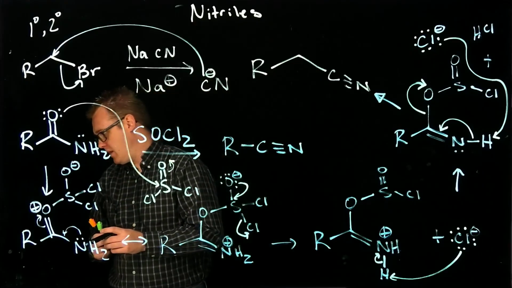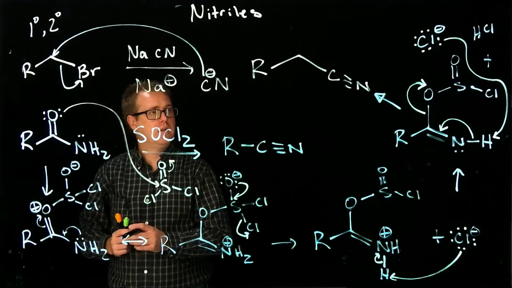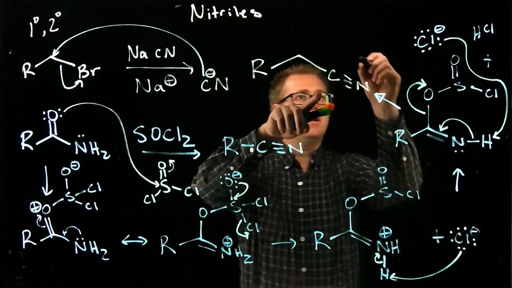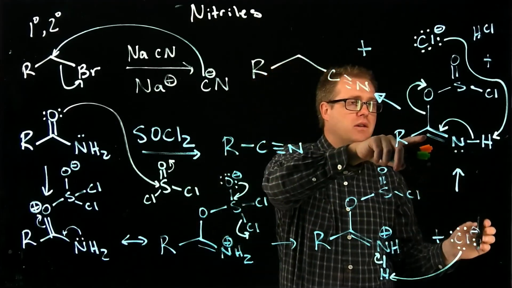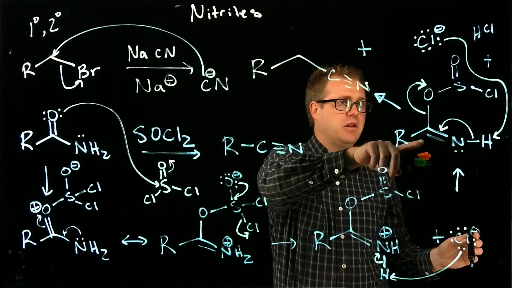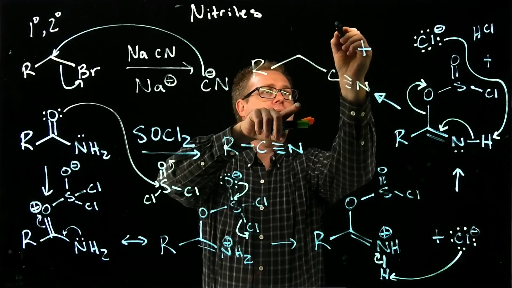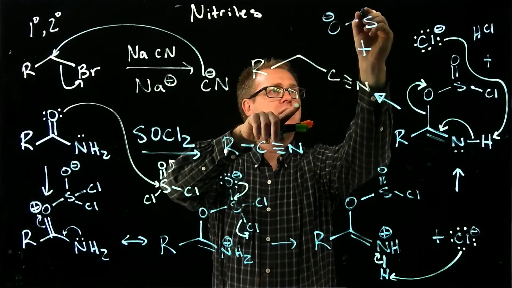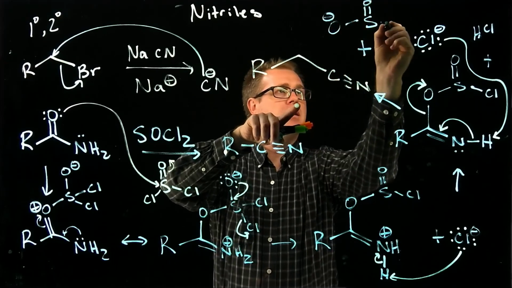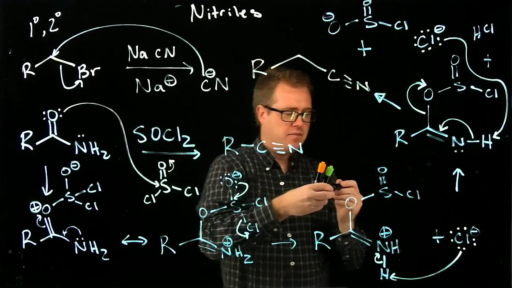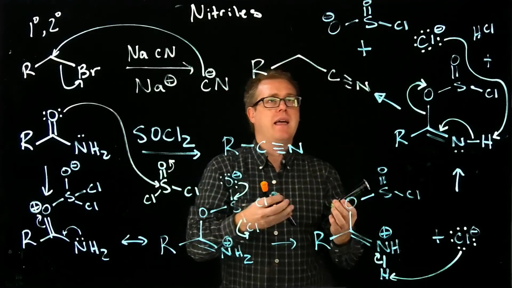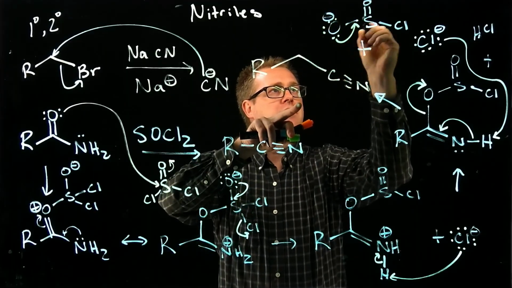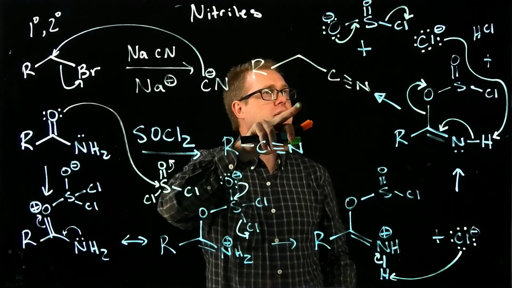Let's double check one thing. So that goes to the product, but then what do we have left over here? We would have an O- connected to a sulfur, double bonded to a chlorine. And then the lone pairs on this guy can come back down and kick that guy off.